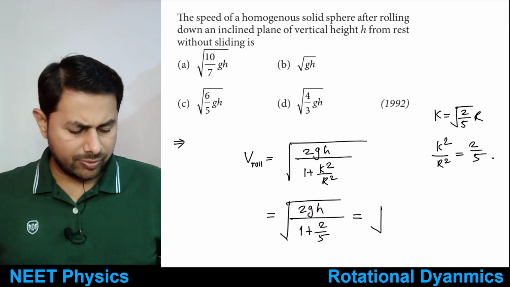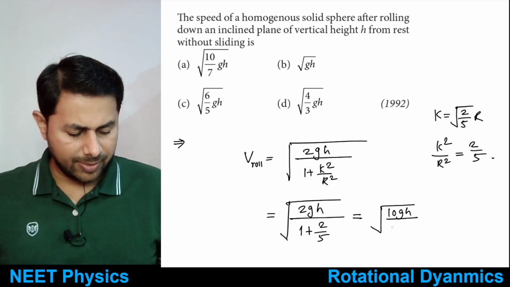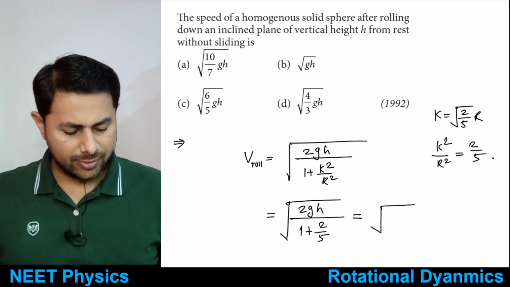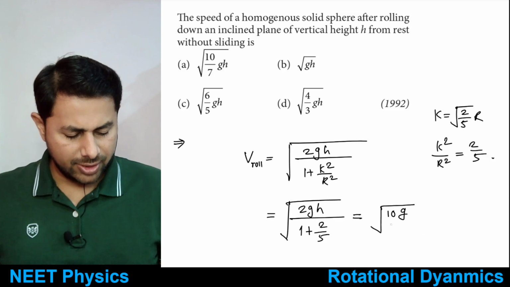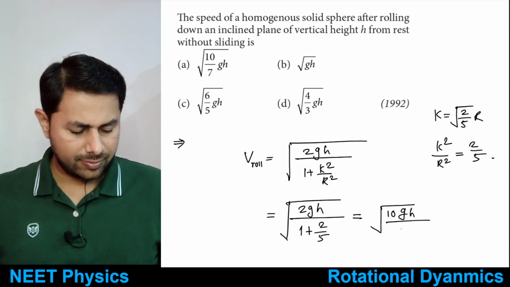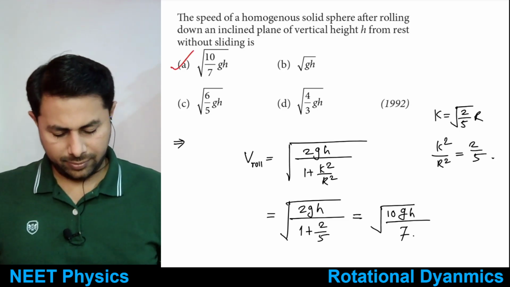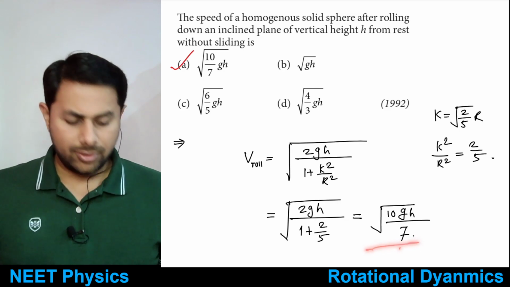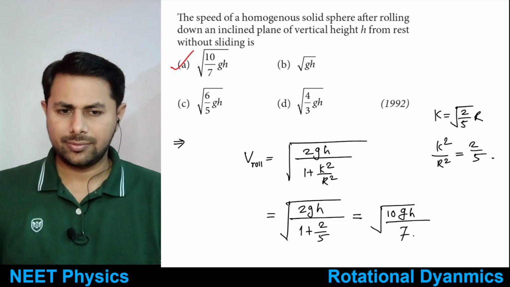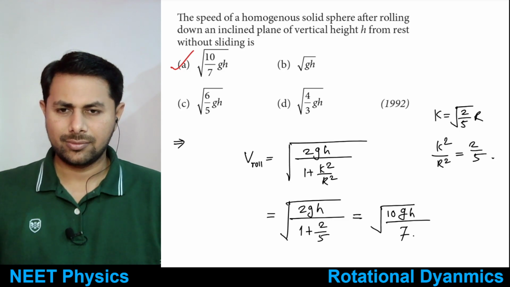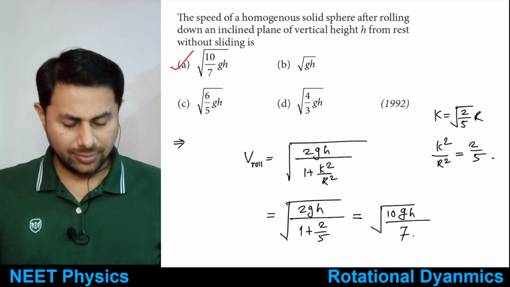So it is the square root of 10gh divided by 7. So it is option A. This one is clear, very simple, right? Yes, Indusha, good. Nikita, good.